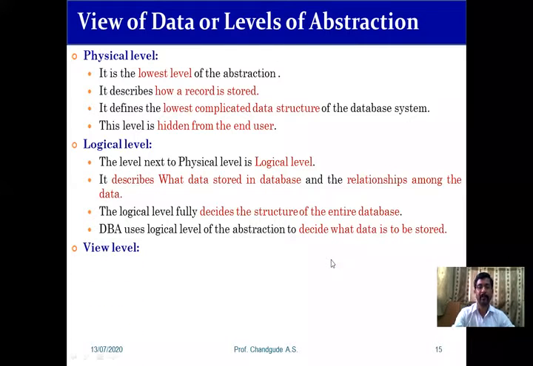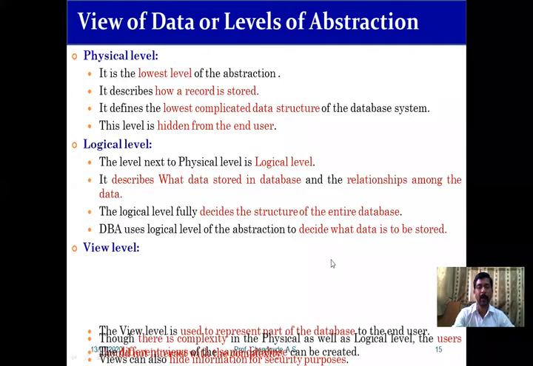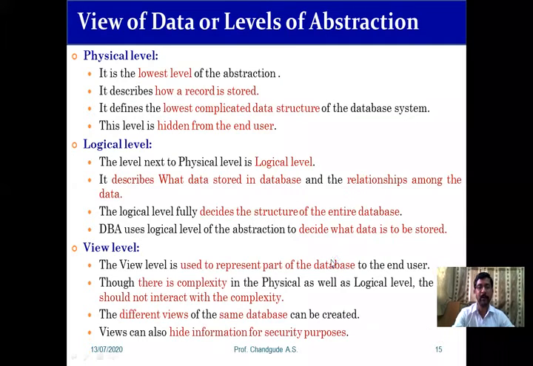The third level of abstraction is the view level, which is used to represent part of the database to the end user. The view level is the most important, because all end users are concerned only with the view level of abstraction.